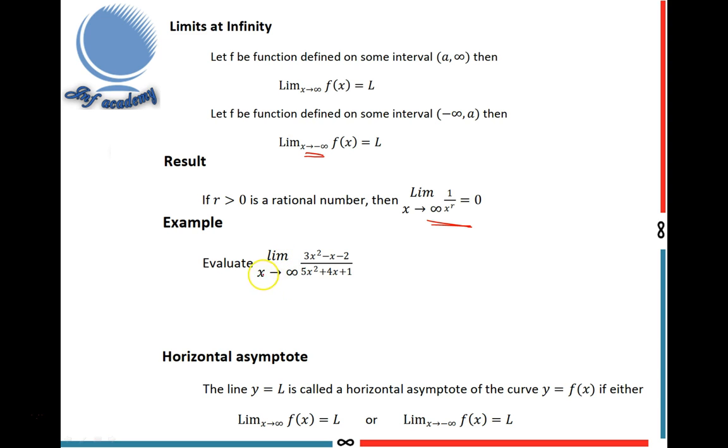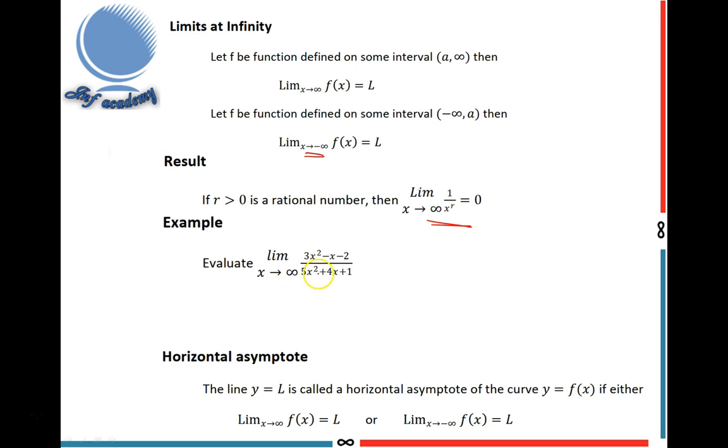This is the problem: limit as x tends to infinity of the function (3x square minus x minus 2) by (5x square plus 4x plus 1). To find the limit at infinity of any rational function, we first divide both numerator and denominator by the highest power of x that occurs in the denominator. This is the procedure.